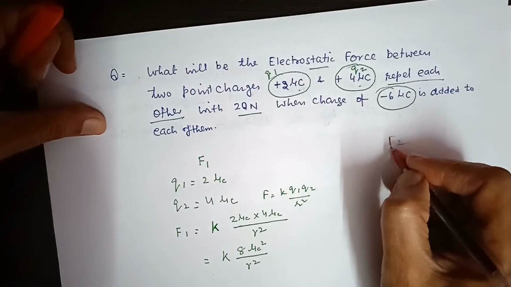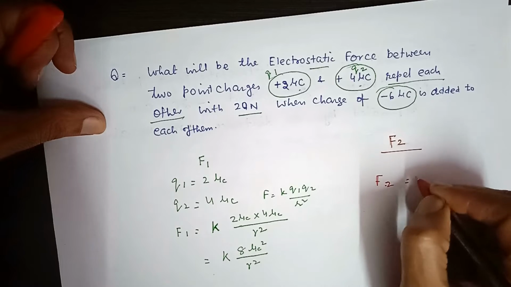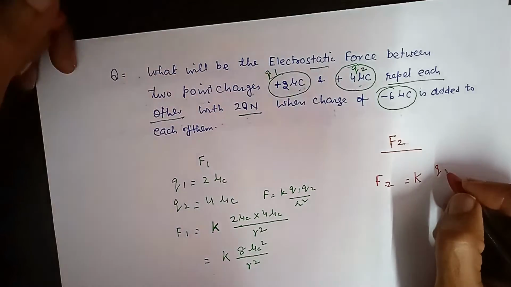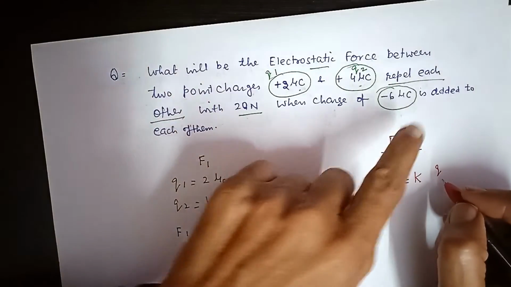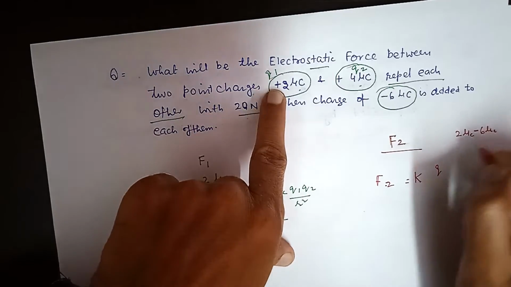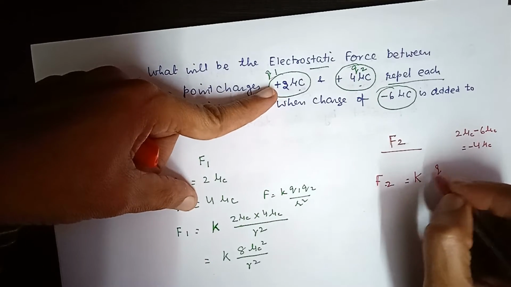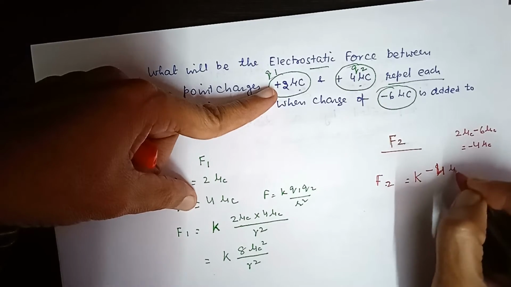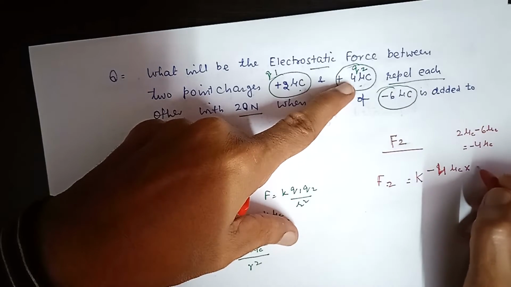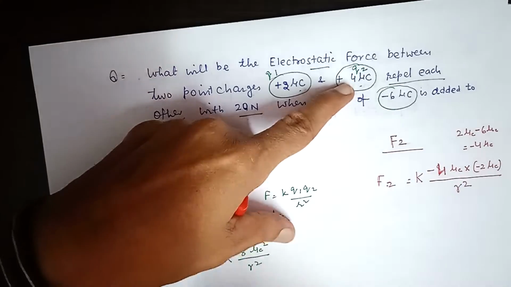Now case F2. F2 will be equal to K Q1. Q1 becomes 2 microcoulomb minus 6 microcoulomb, which becomes minus 4 microcoulomb, into Q2, which is 4 minus 6, minus 2 microcoulomb, divided by the same distance, R square.